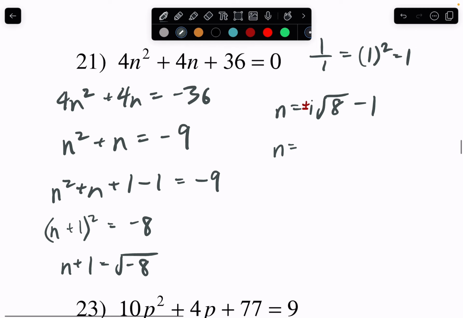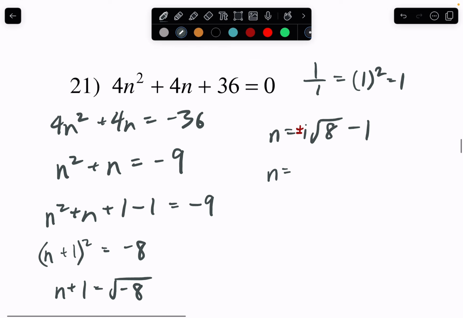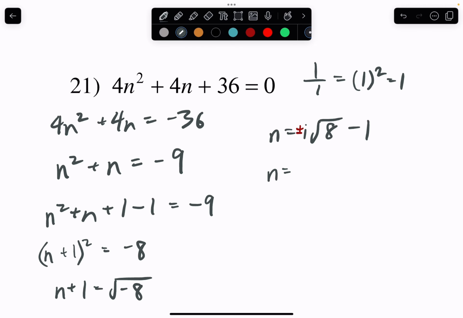Am I on the right tracks? Answer key says I'm not. Where did I go wrong? Yeah, I see where I got it wrong.